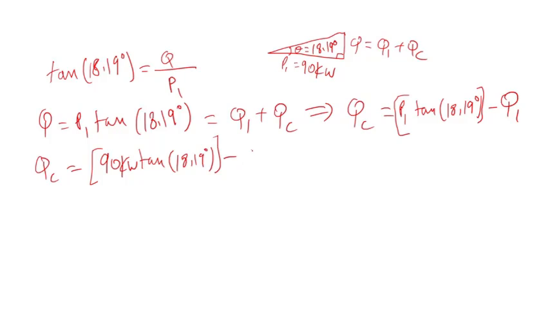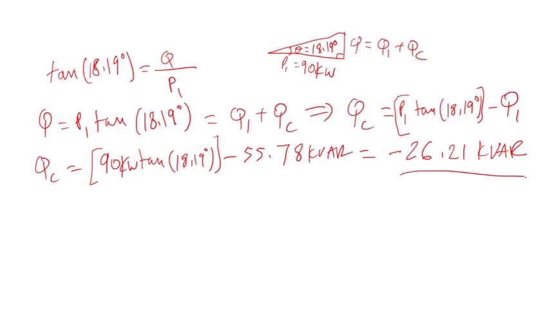Q1 I calculated as 55.78 kVAR. So if you carry out the calculation, you get minus 26.21 kVAR. The minus sign just says that the capacitor is supplying the reactive power. So that is the size of the capacitor bank.